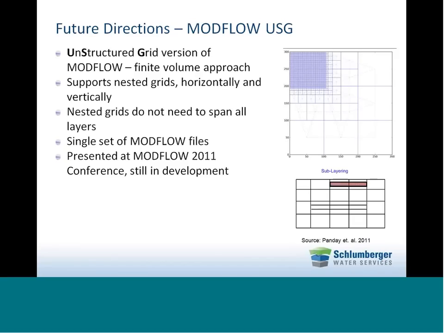With Modflow USG, you can have nested grids both horizontally and vertically, which means you can have local nested grids around any number of wells and flow boundaries, whether they be streams, rivers, etc. These nested grids don't need to span all the vertical layers like they do with a finite element approach. This works with a single set of Modflow files, so you don't have multiple files like you would with Modflow LGR. As I mentioned, it was presented last year at the Modflow conference. It's still in development, and once it becomes available, we'll start working on this within VModFlex.